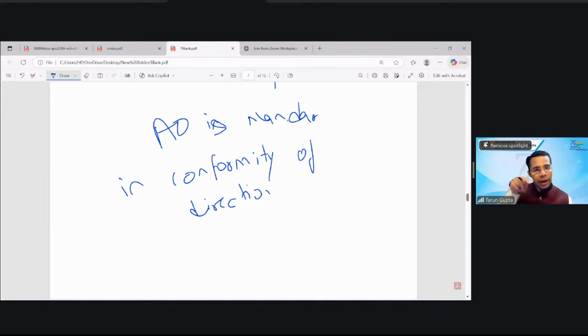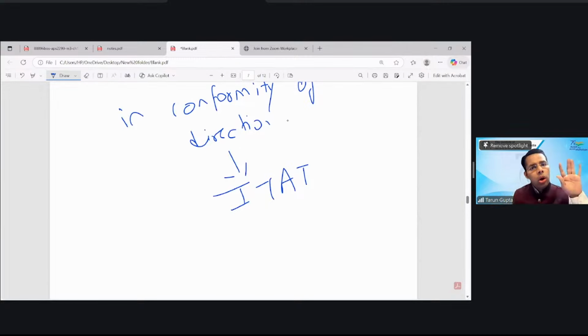But this appeal against the final assessment order, though it's been passed by the AO, lies to the ITAT. You know why? Because it's been passed in conformity with the directions issued by the DRP, which is a panel of officers equivalent to the rank of principal commissioner. Okay, you're with me? What's the time limit?